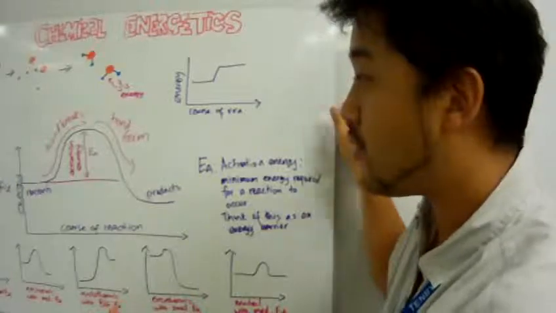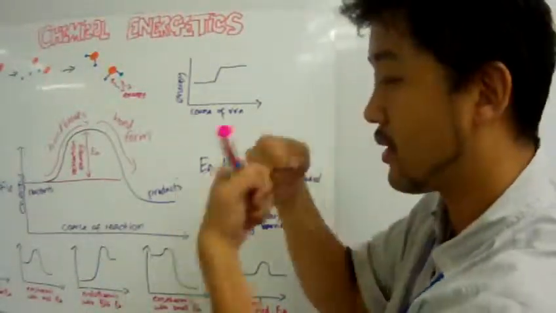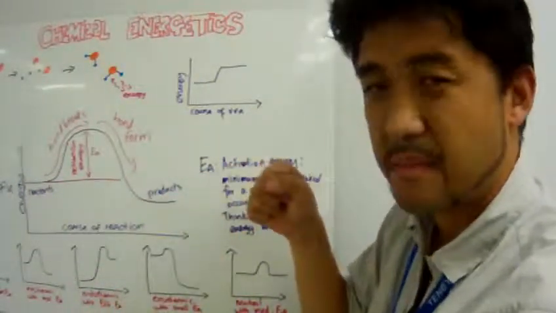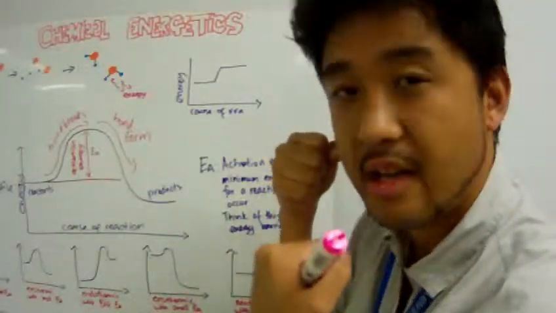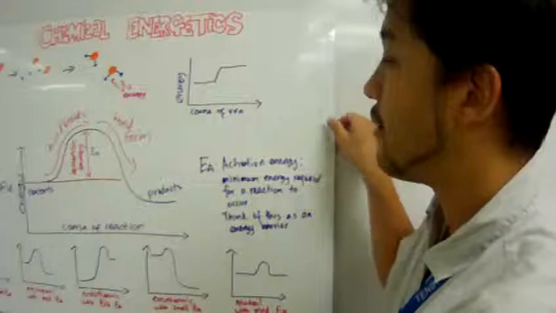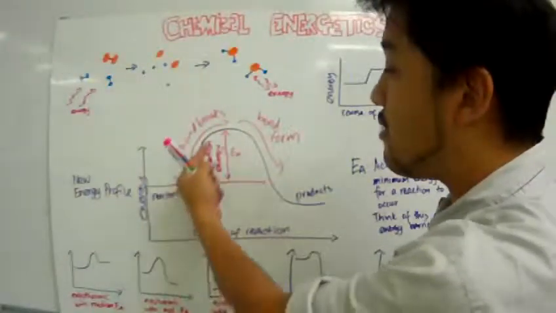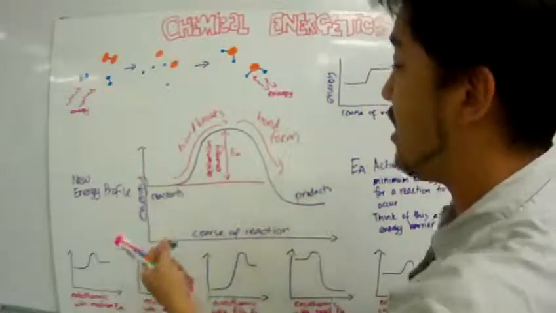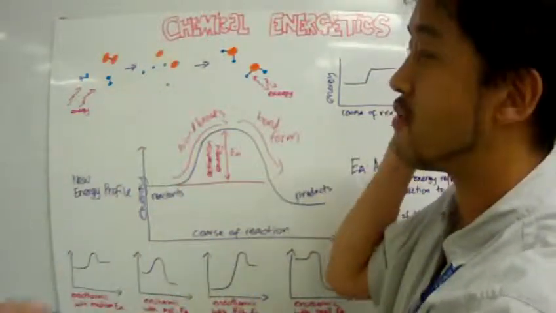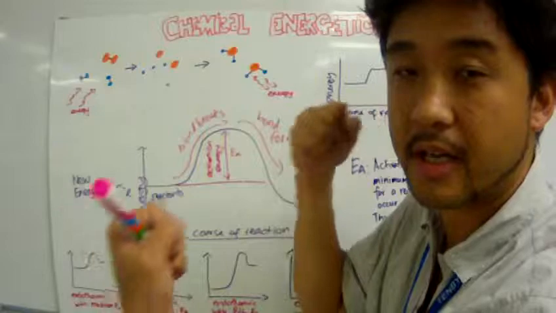So if during a collision, the energy that's been introduced is not hard enough, it may not overcome this energy barrier. So what will happen is that you get collisions that are unsuccessful in forming new products, okay?